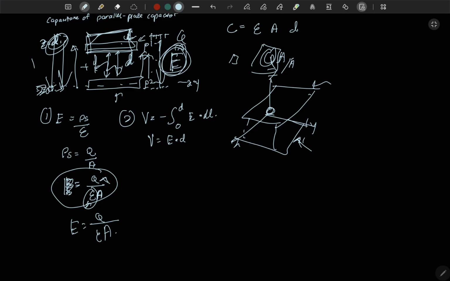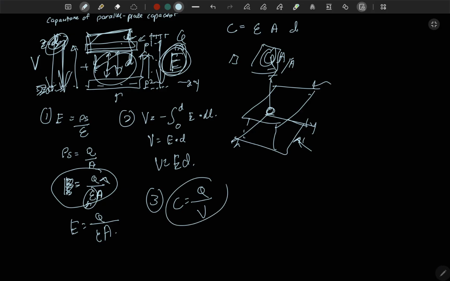The second is that voltage is equivalent to the electric field times the distance. The third is our initial relation, C is equivalent to Q over V. We know that capacitance is the charge on one plate over the voltage.